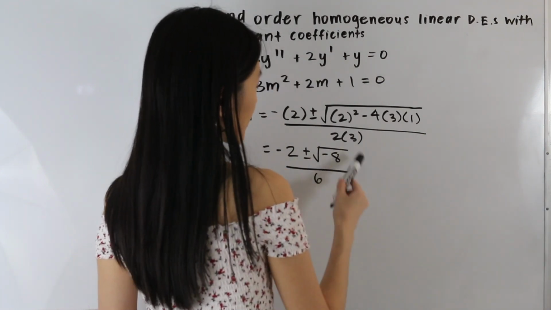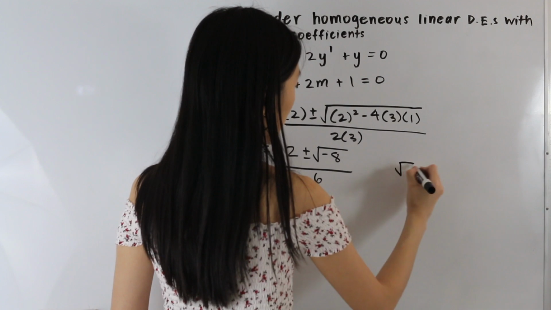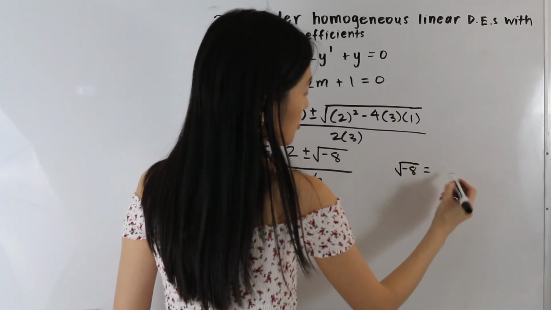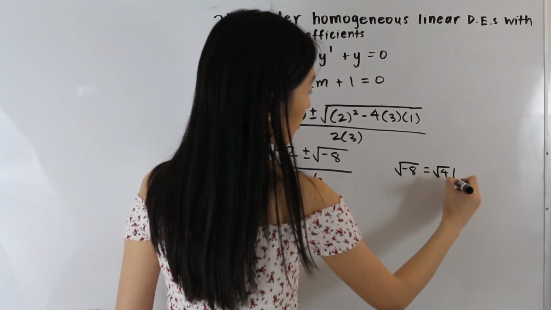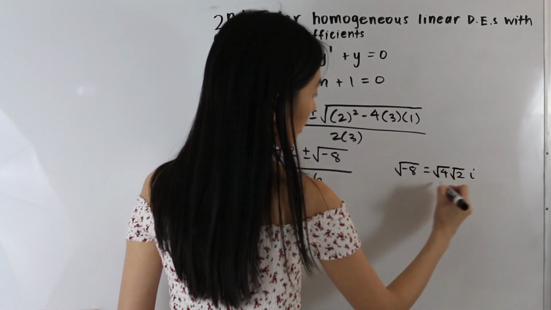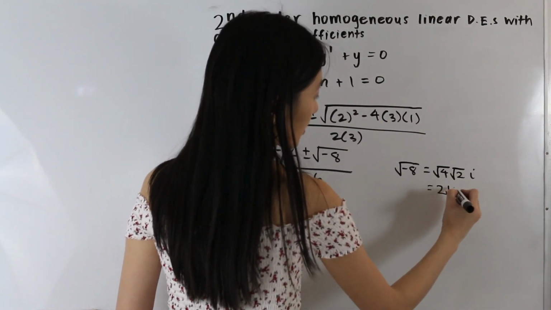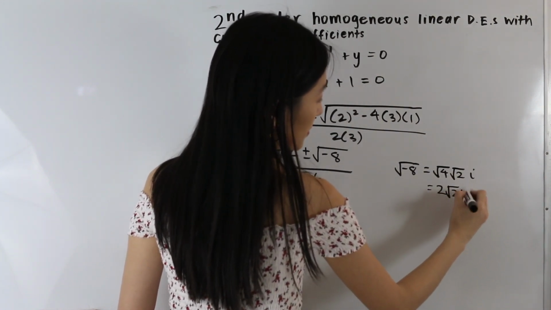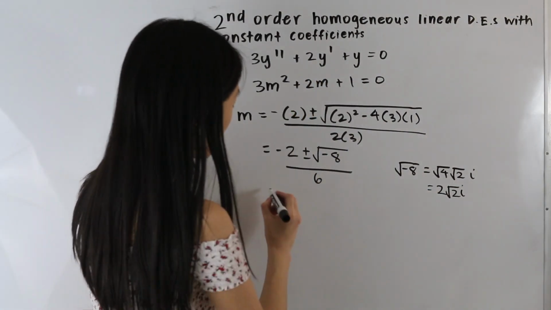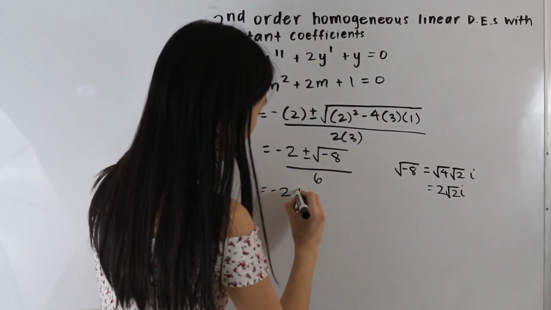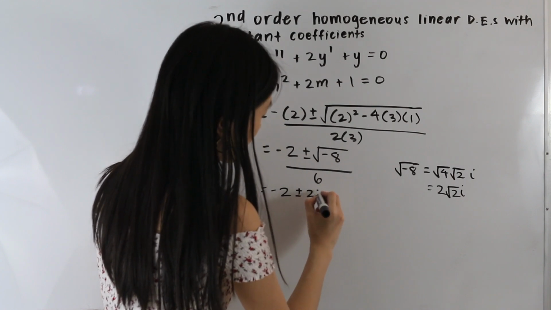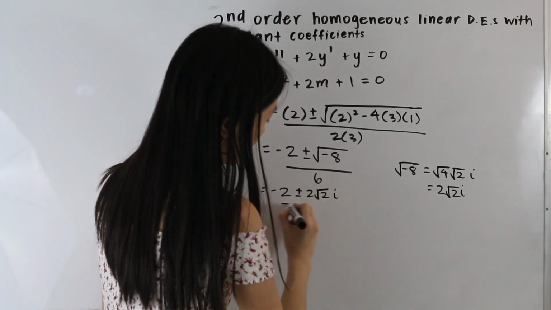And so let's go ahead and simplify this radical here. So we have the square root of negative 8. So we can reduce this to the square root of 4 and the square root of 2i. So we end up with 2 times the square root of 2i. So we end up with negative 2 plus or minus 2 times the square root of 2i over 6.